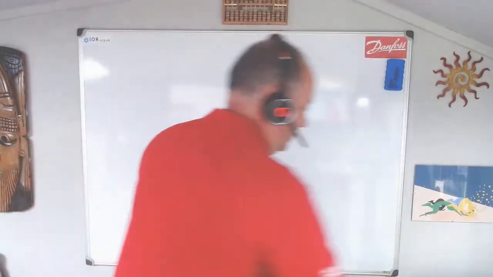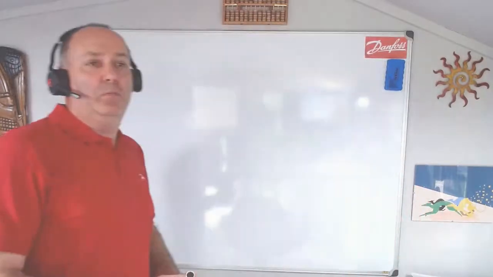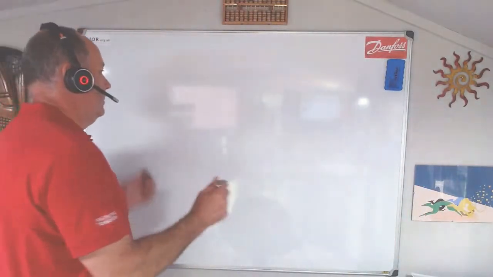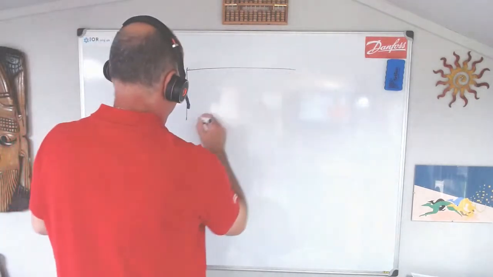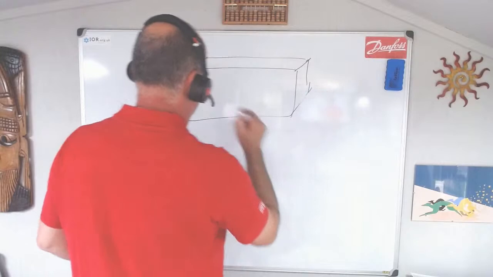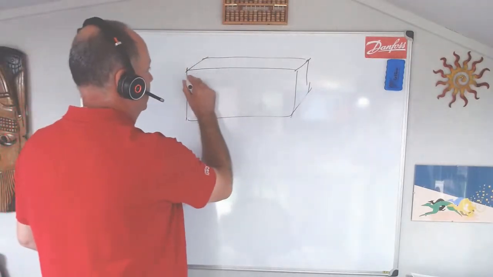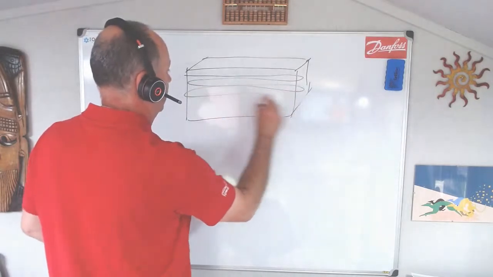I have seen people put defrost heaters on the face of a coil just to give it that extra bit of a boost. And what we'll try and do with my beautiful whiteboard, hopefully everybody can see it a little bit. If we think of our evaporator, so there's our evaporator. This is the back side, so the air on. You've got your tubes going through your evaporator like so.